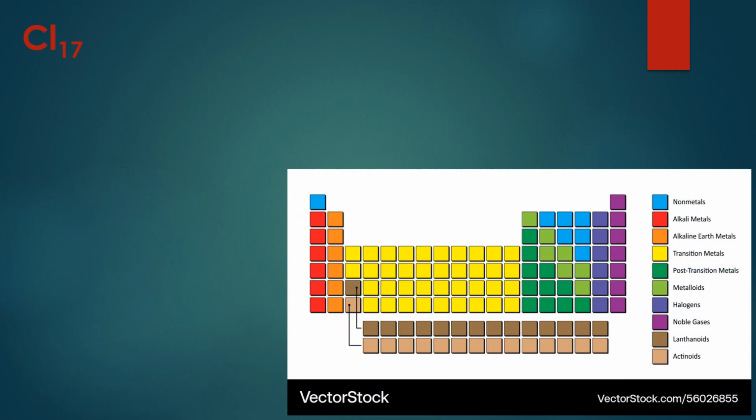Now let's take this example, Cl17. First, let's find the electron configuration for this, which is 1s2, 2s2, 2p6, 3s2, and 3p5. Now let's find the group, which is 5 plus 12 because it's in block P, so this equals 17.